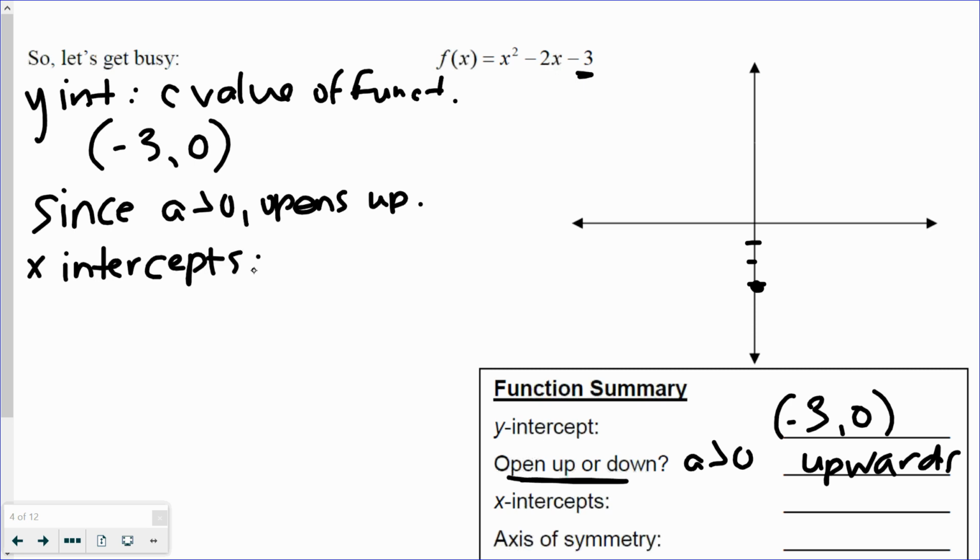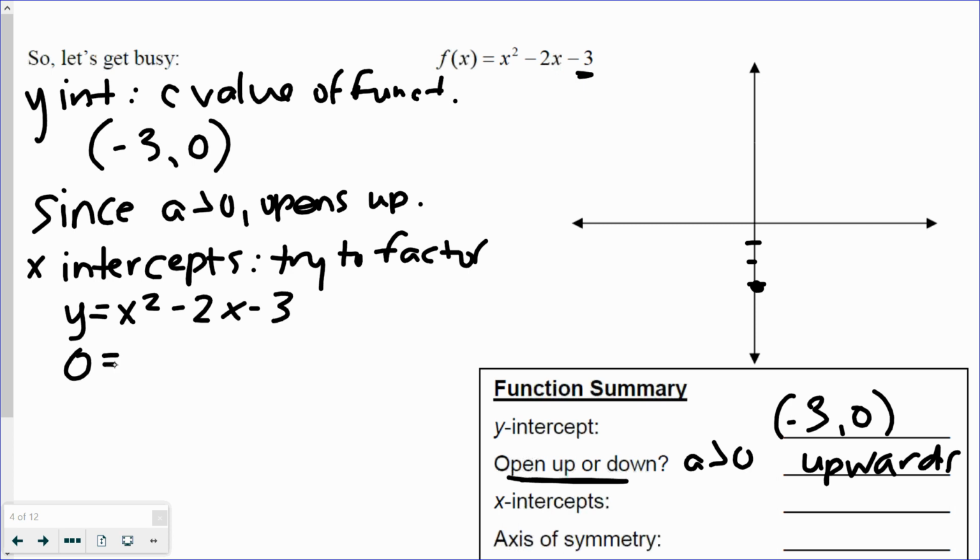So to figure out x-intercepts, we actually did this process above. So to figure out the x-intercepts, you need to try to factor. So above we had y equals x squared minus 2x minus 3, and we set that equal to 0, because again, your x-intercepts are when y is equal to 0. And then we factored it.